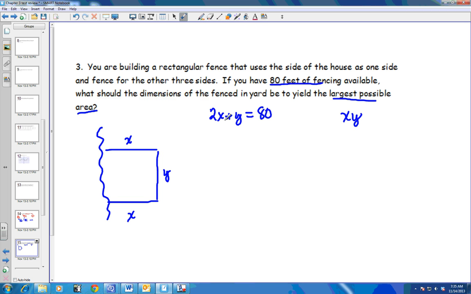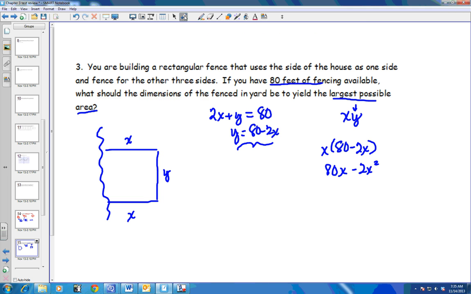So that's why they gave me this. So I'm going to solve this for y again. y equals 80 minus 2x. I'm going to take this and plug it into this y. So I have x times 80 minus 2x. Distributing my x, I have 80x minus 2x squared.